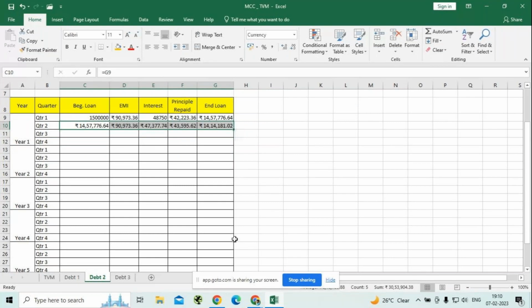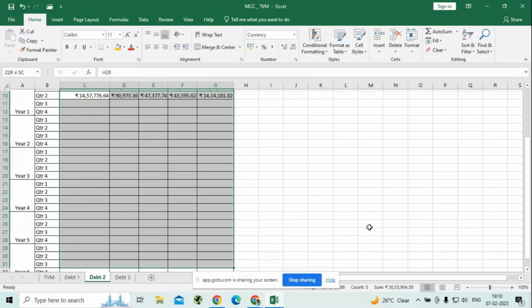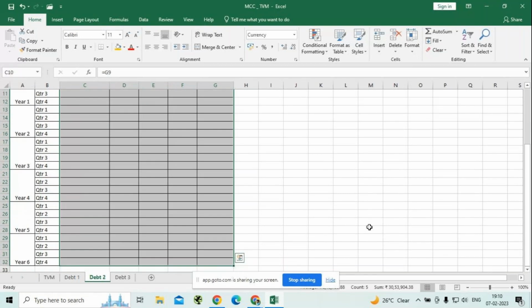So either you can drag it or you can select the table. Do you remember the shortcut key we used to get the cell calculation on the downward side?